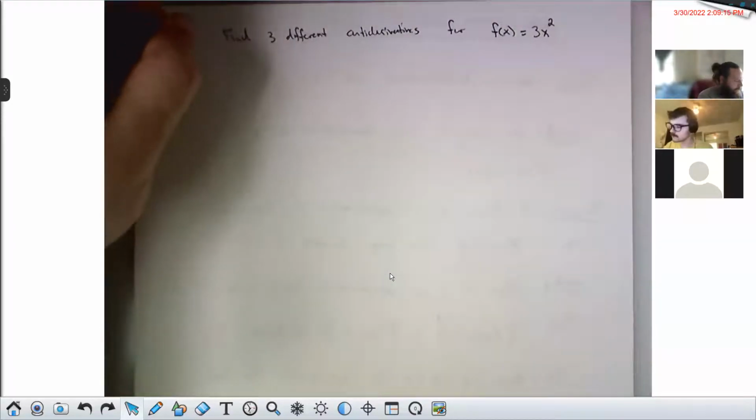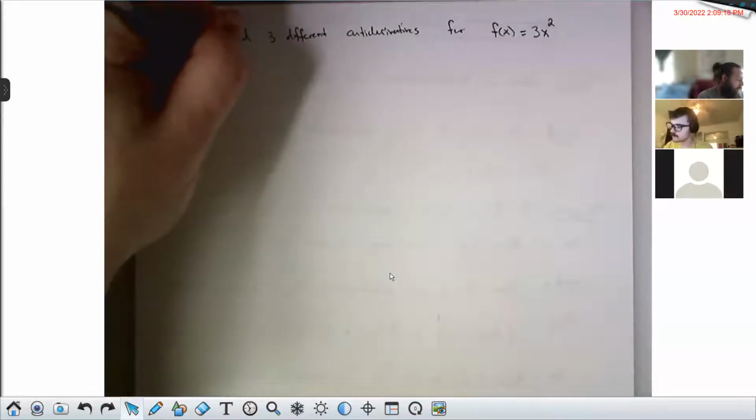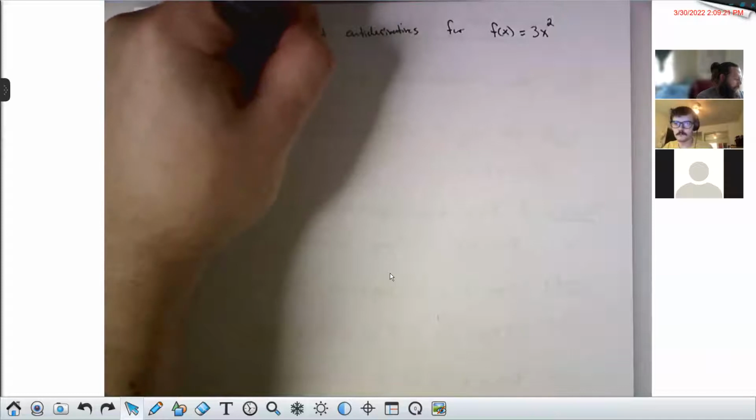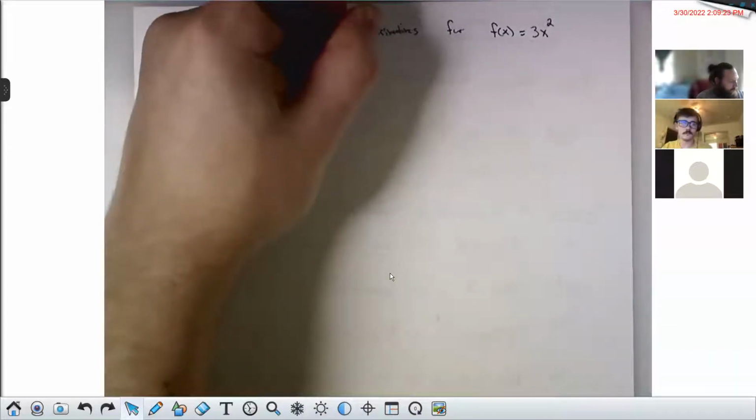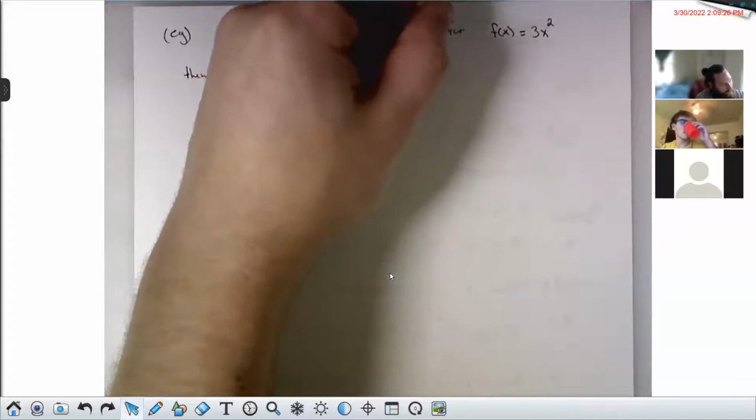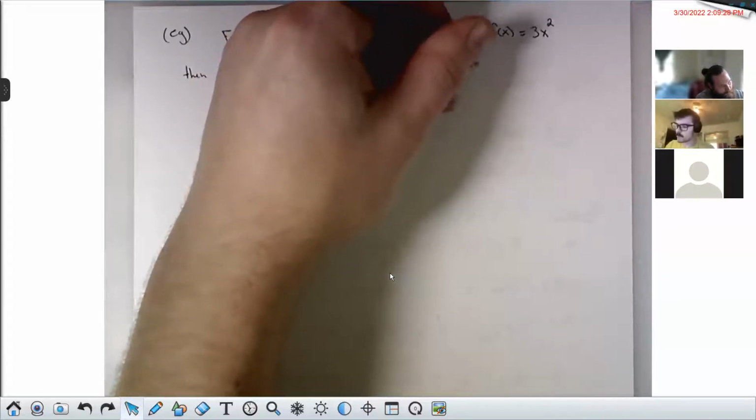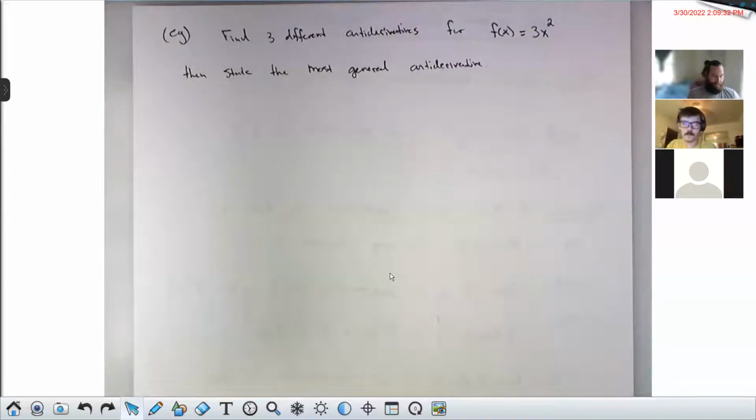Then state the most general antiderivative. So we're going to find our antiderivative of this function using that power rule I shared with you last time, or if you like, just by thinking about how you could differentiate something to get this. And then I'll give you a few different antiderivatives to illustrate the point we made on the previous slide and show you what I mean by the most general antiderivative.